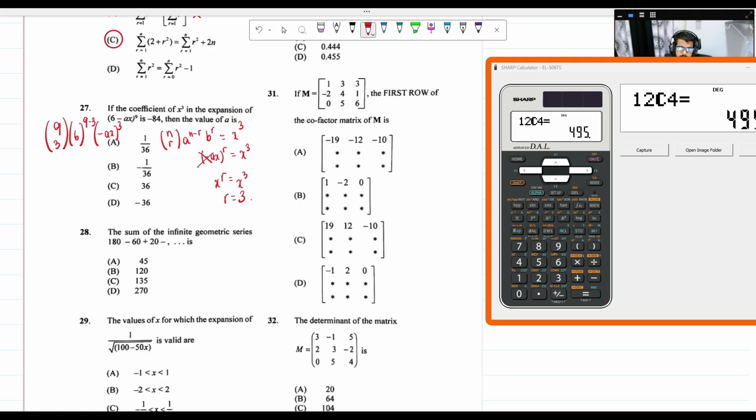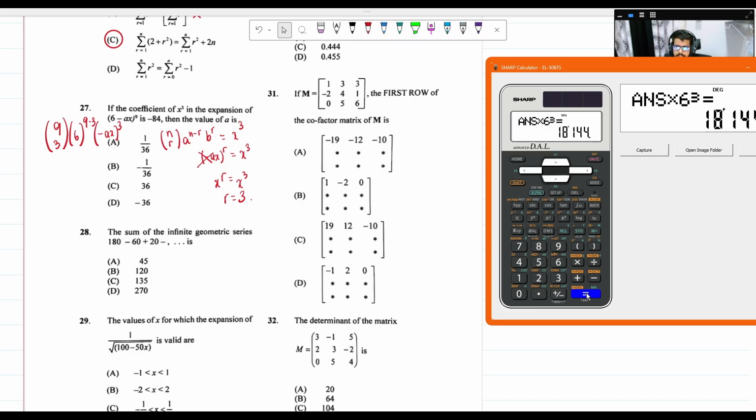The value of a is, so we had to go and calculate what this coefficient is on the left hand side. 9c3 multiplied by 6 cubed, 18,144, multiplied by minus a cubed, so I'll have minus a cubed, x cubed is equal to negative 84.